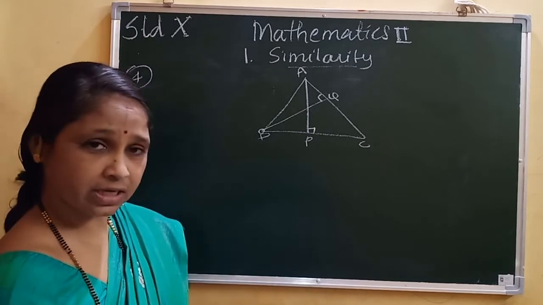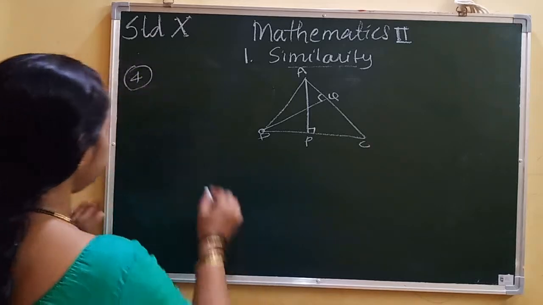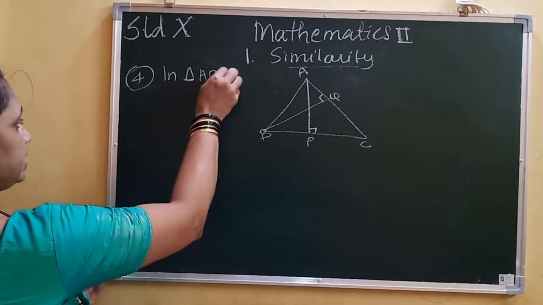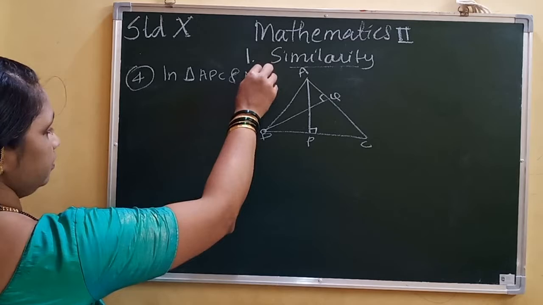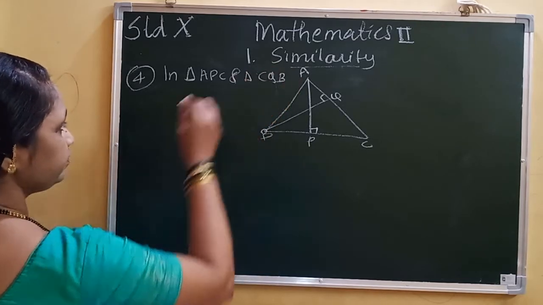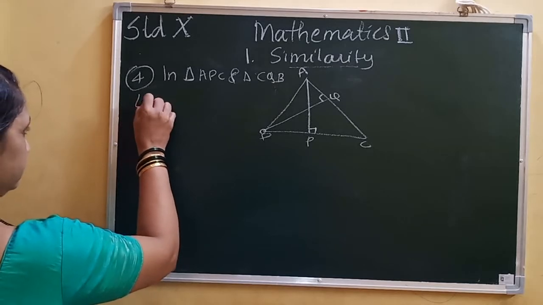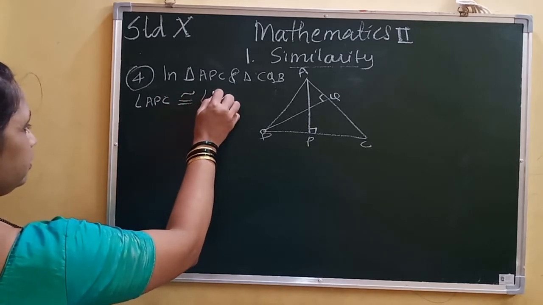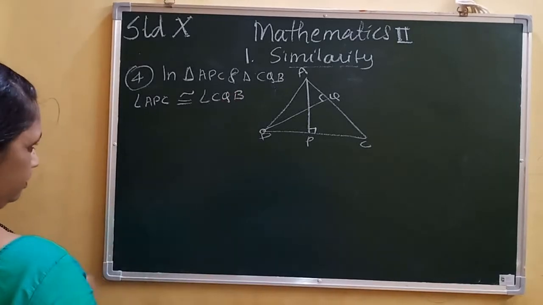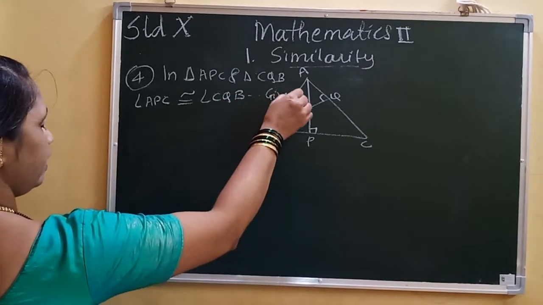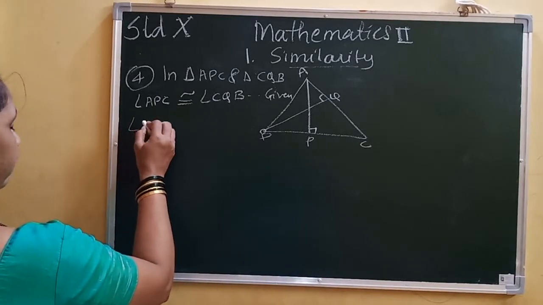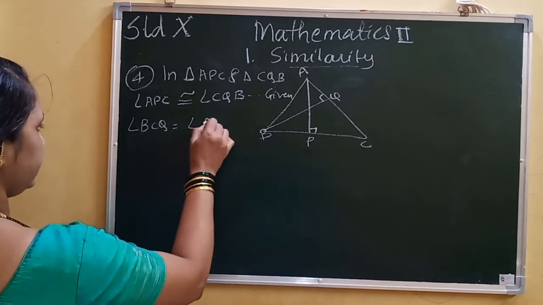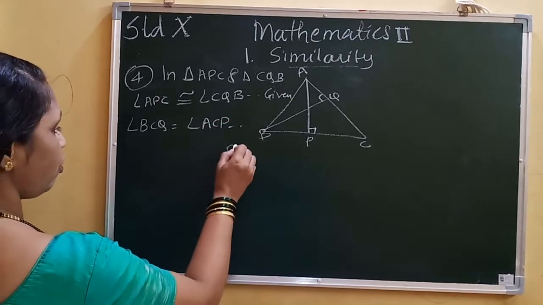So we can take the ratio of corresponding sides. In triangle APC and triangle CQB, angle APC is congruent to angle CQB, it is given, and angle BCQ is equal to angle ACP, that is the common angle.